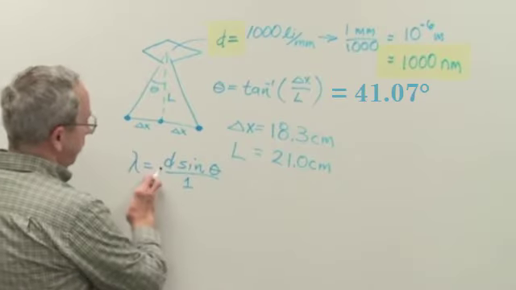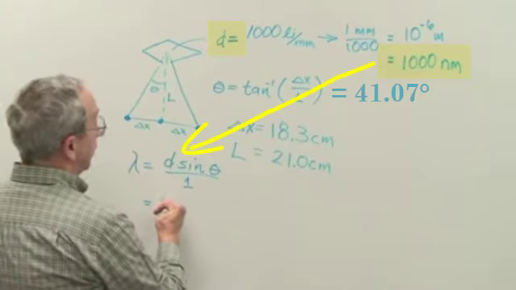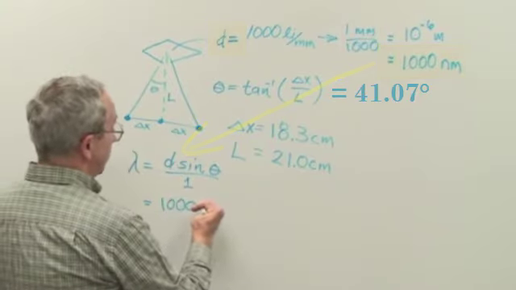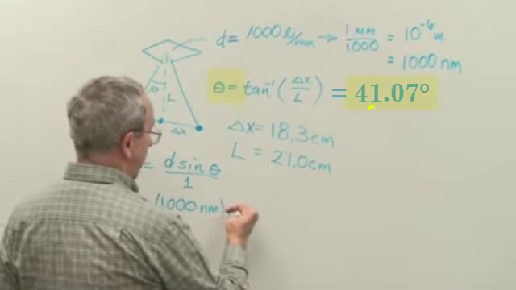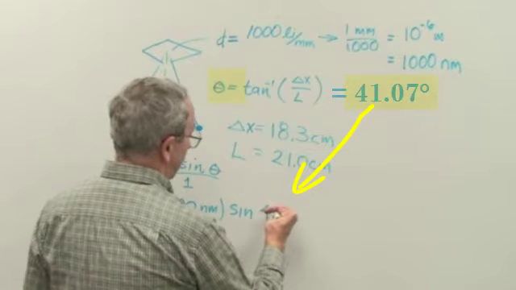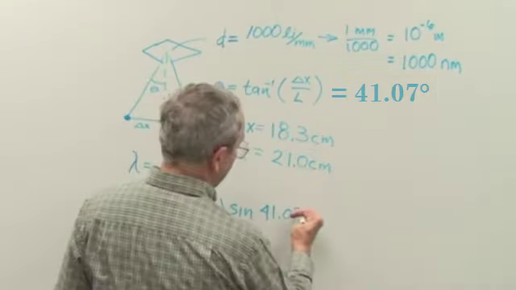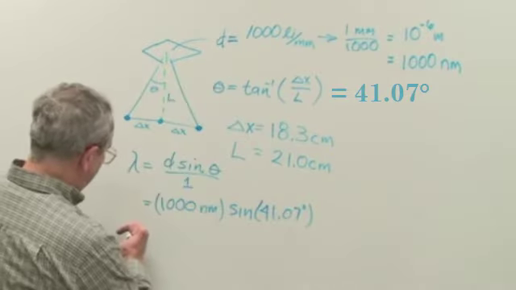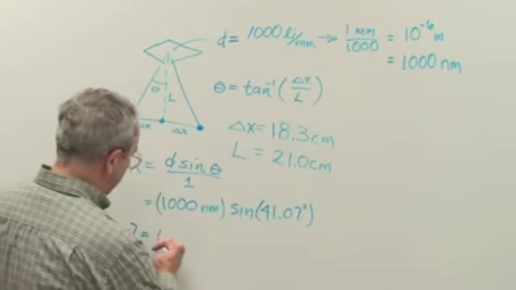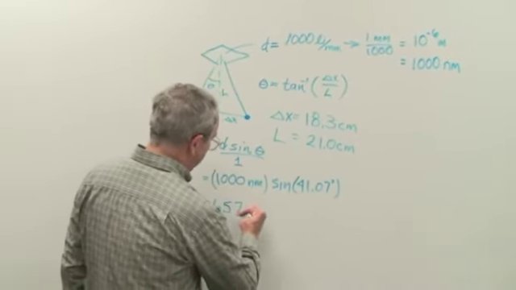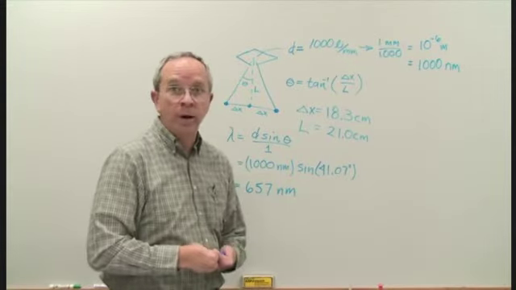And then if I put this into the formula for lambda, so I put in 1,000 nanometers for the spacing times the sine of 41.07 degrees, we end up with lambda. The wavelength for our light is equal to 657 nanometers, which corresponds very well to the correct wavelength for our laser diode laser pointer.